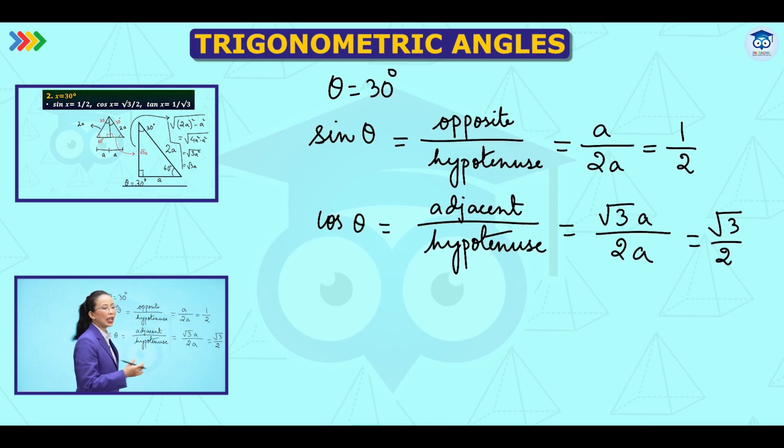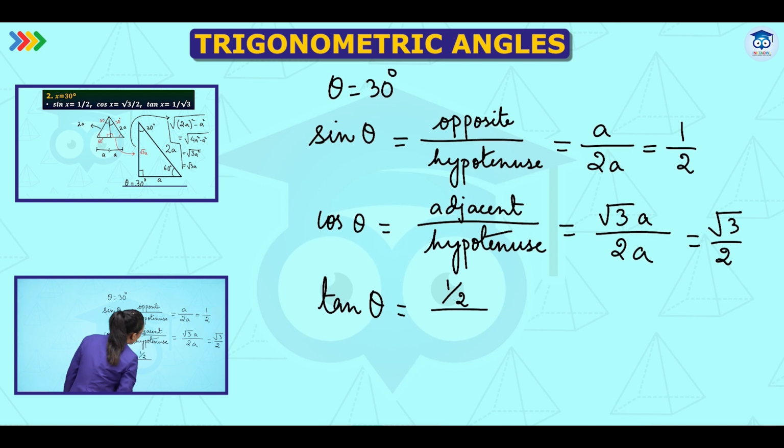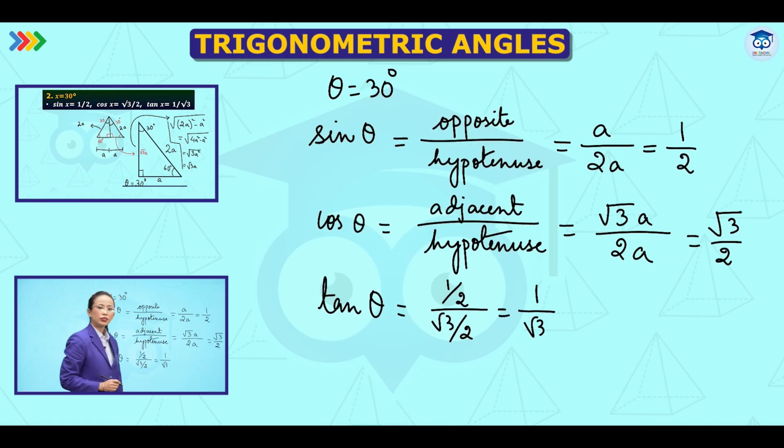Therefore, cos of x when x is equal to 30 is root 3 by 2. Similarly, we can define for tan theta, that is the ratio of these two: 1 upon 2 divided by root 3 by 2. Therefore, it is 1 upon root 3. So now we have tan theta.